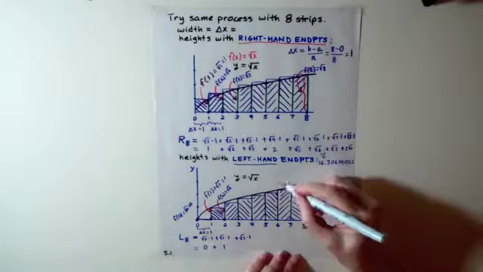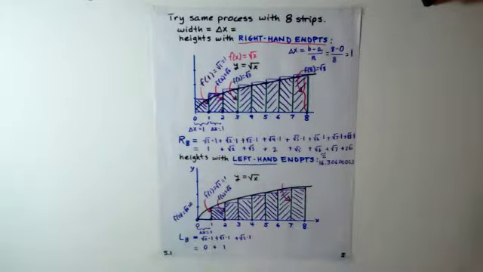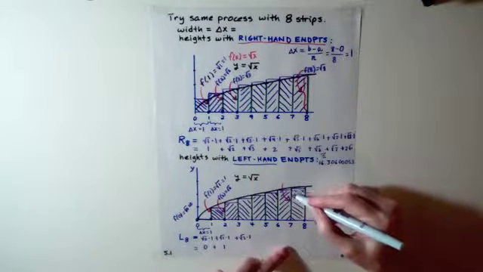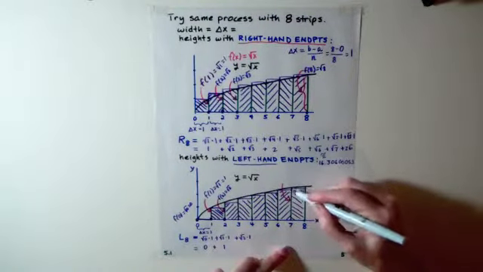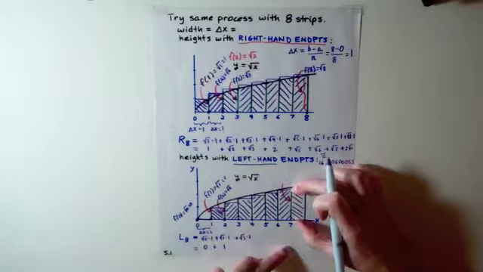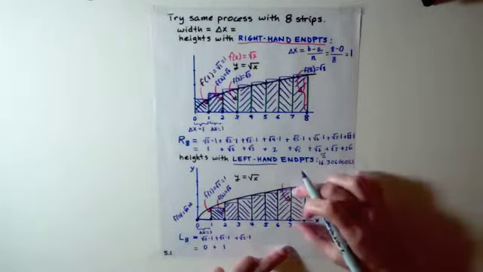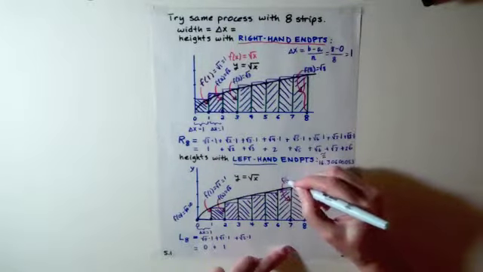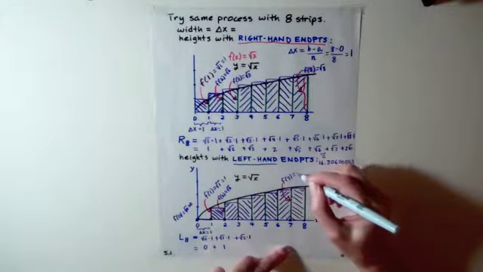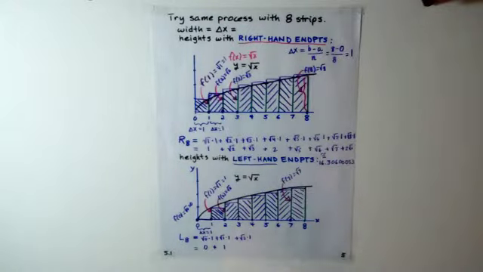And just for a check, let's check the very last one. The last one's going to have a height at the left-hand side, so we want this green height under the curve. That's at an x value of 7. So to find this height, I just plug 7 into my function, and I would get square root of 7. So that's the height of the last rectangle.